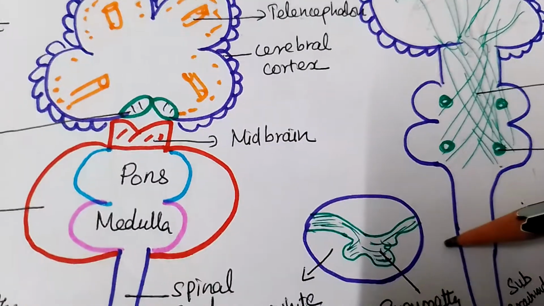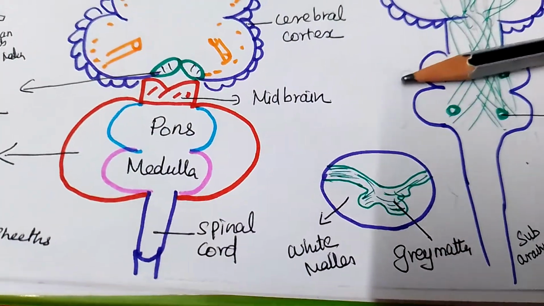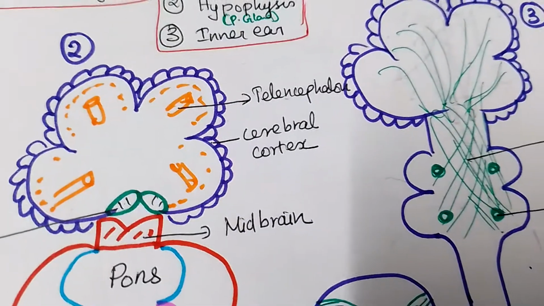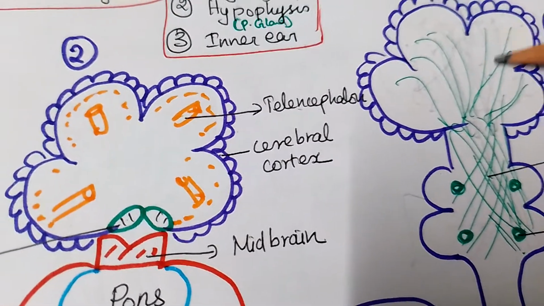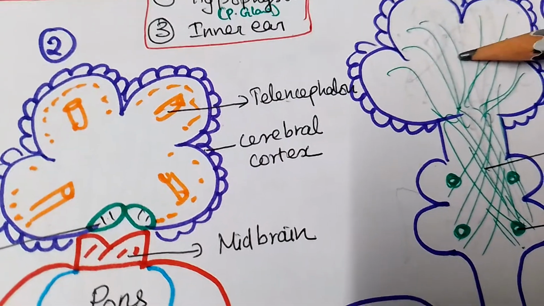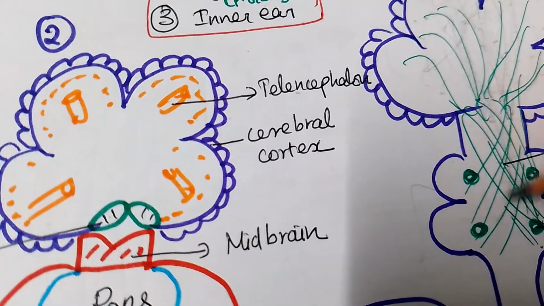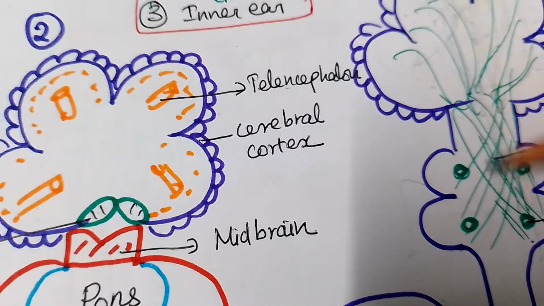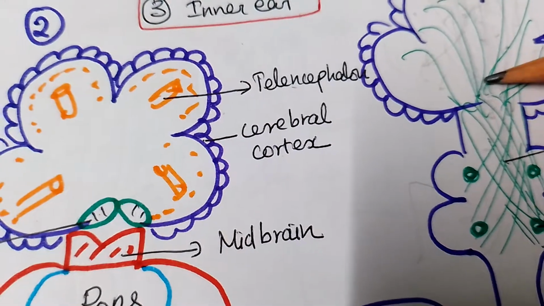But in the spinal cord, the gray matter will be inside and the white matter will be outside. In the white matter, groups of axons are moving forward and upward. This is called a tract.